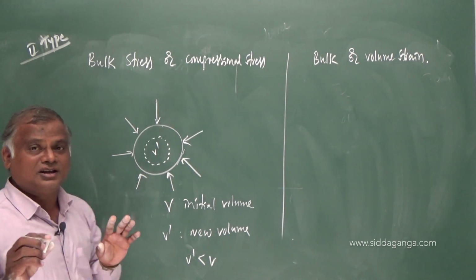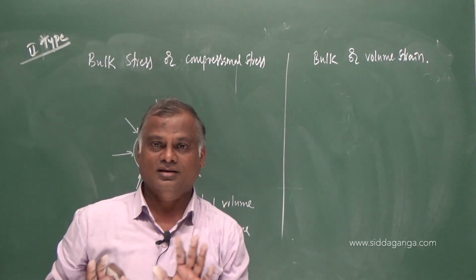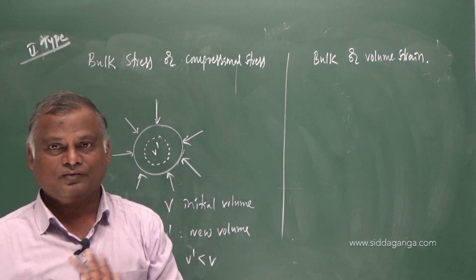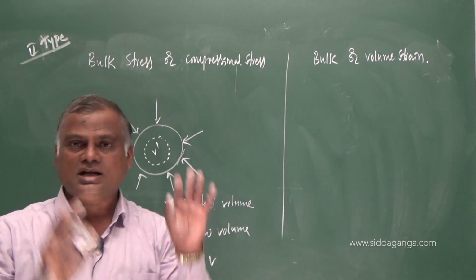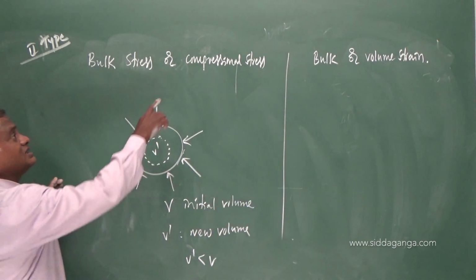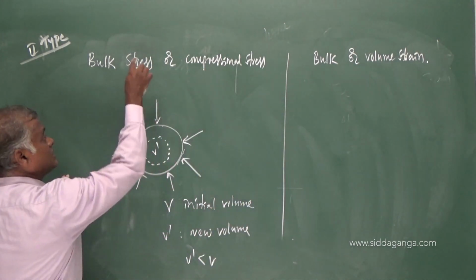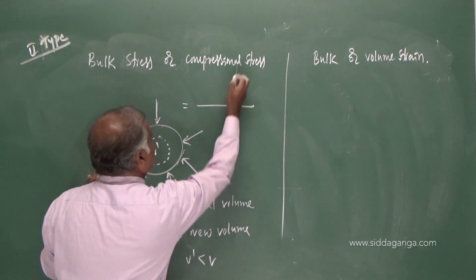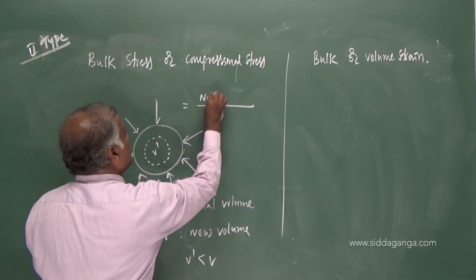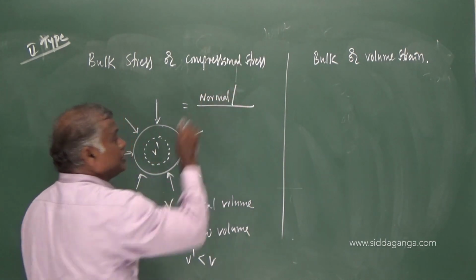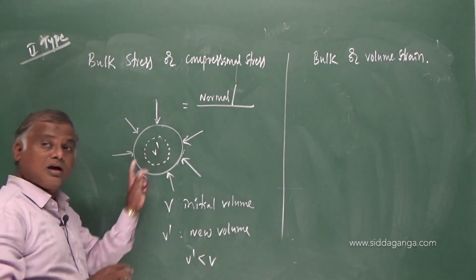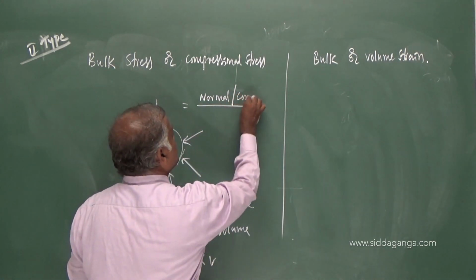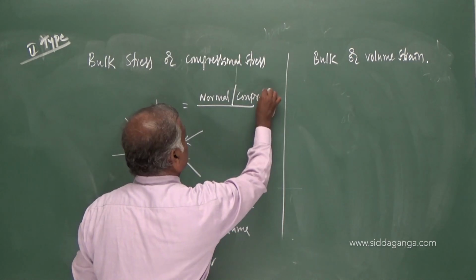So, main definition is same, force by area. Force by area gives stress. But here, once I say compressional stress or bulk stress, you must say it is a normal, perpendicular, compressional force.